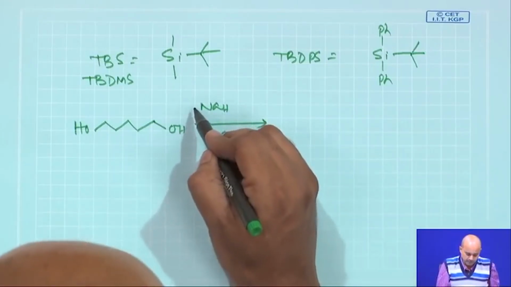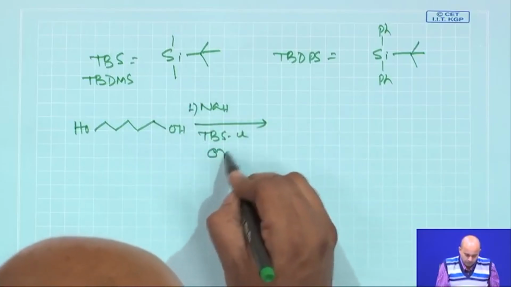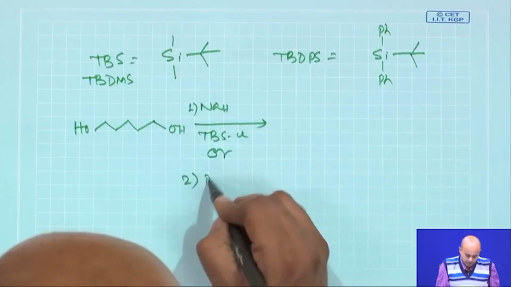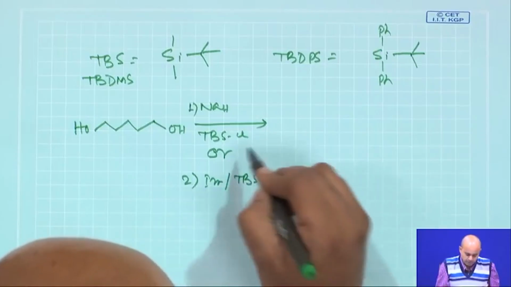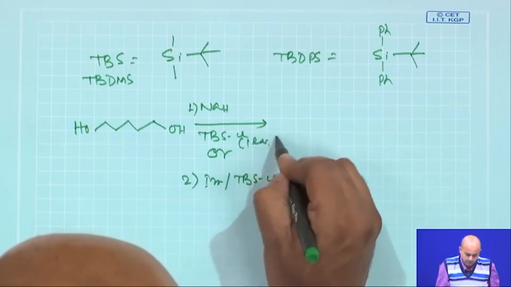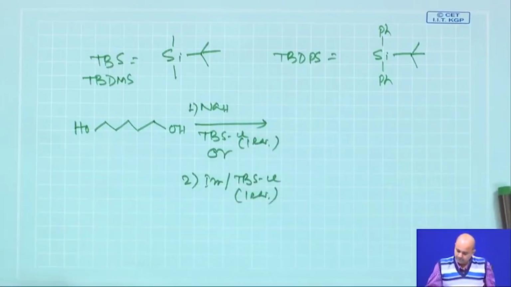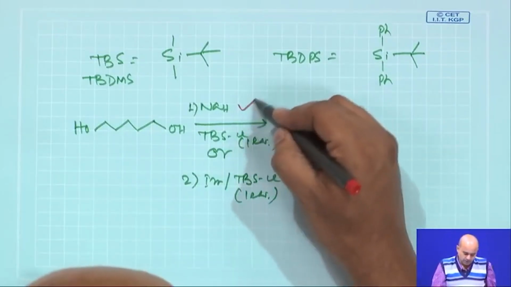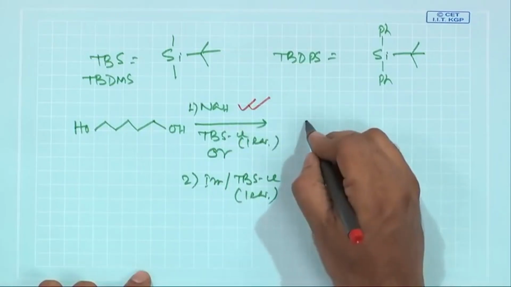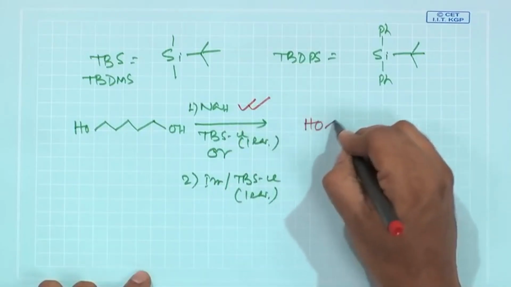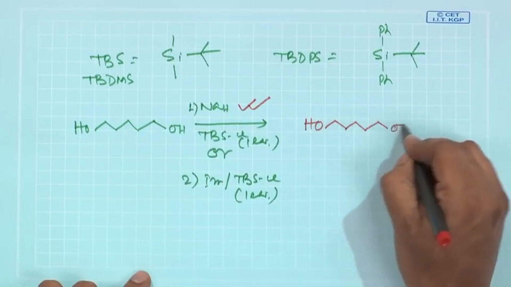So, you might have route 1, sodium hydride and TBS chloride, or we use imidazole and TBS chloride. In both cases you need one equivalent of TBS chloride, but usually the yield for this reaction, after optimization, is pretty good. So, you basically get this mono TBS compound.